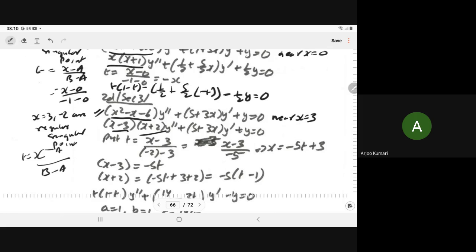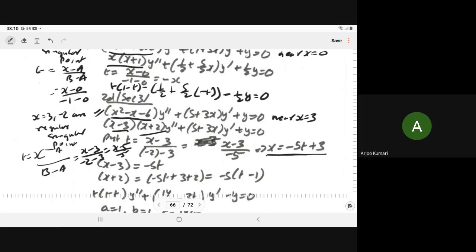So in this case we have x minus 3 upon minus 3 minus 3, that is x minus 3 upon minus 5, or 3 minus x upon 5. That substitution we have to put. So in this case x is equal to minus 5t plus 3.